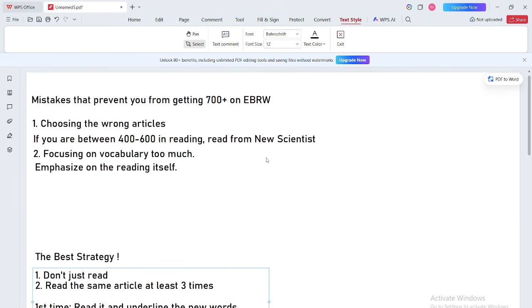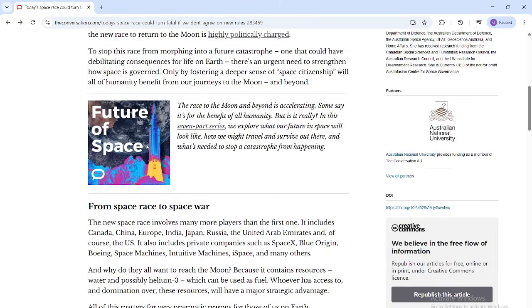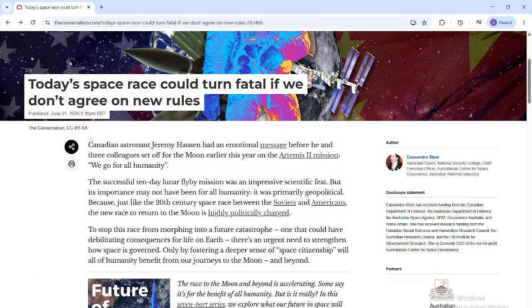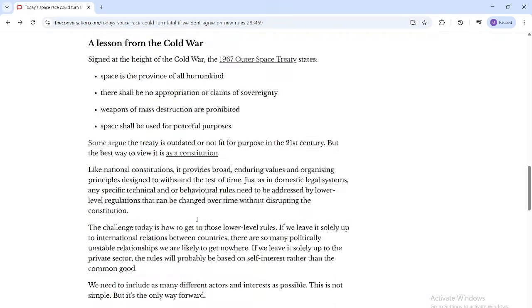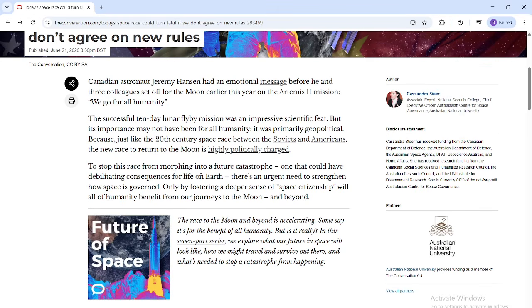But let me show you an example of an article like this in here. So what you do is that you will read from here till the below in here, everything in here, right? And then you have understood it, but you don't know some of the words in there. What you do, you will translate them and then go on to read the article a second time with the new words translated in your notebook or in your notes.